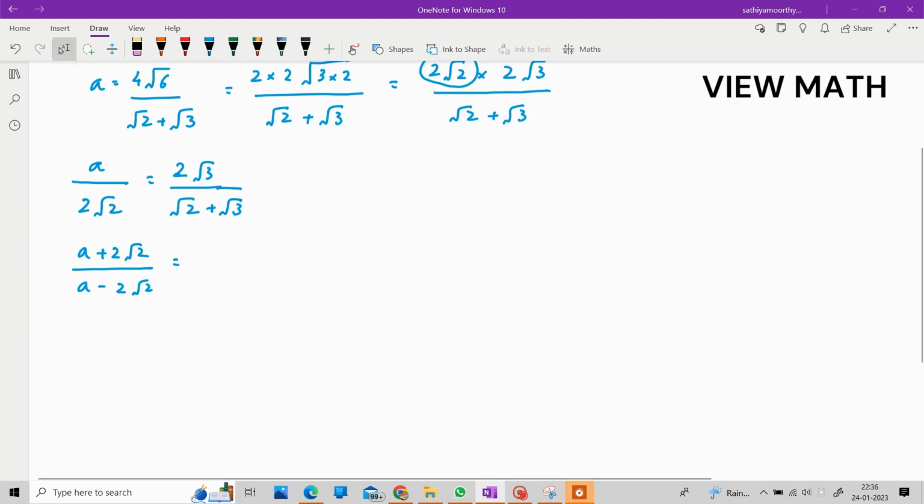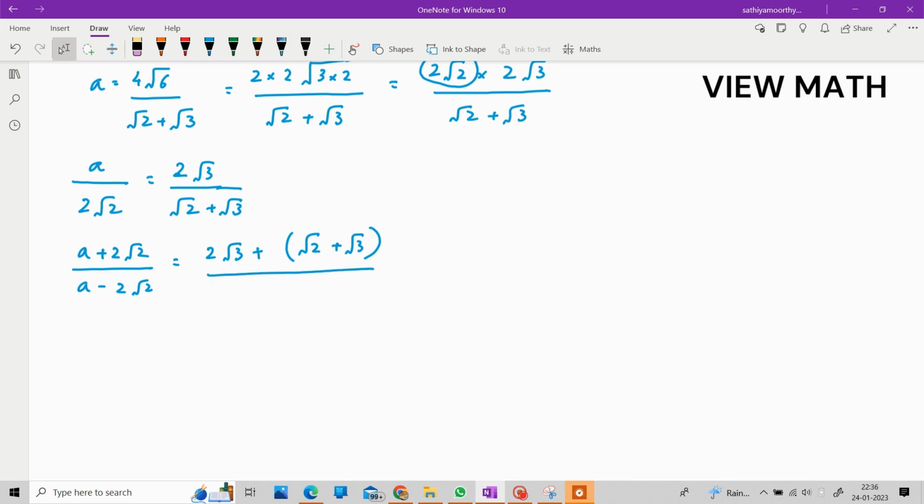I get 2 root 3 plus denominator root 2 plus root 3 divided by 2 root 3 minus root 2 plus root 3. Let me simplify this.